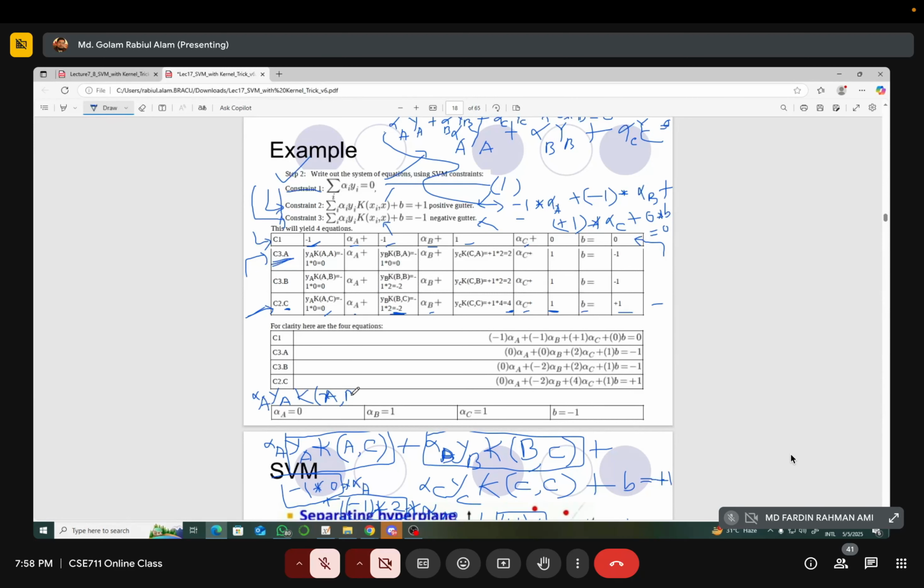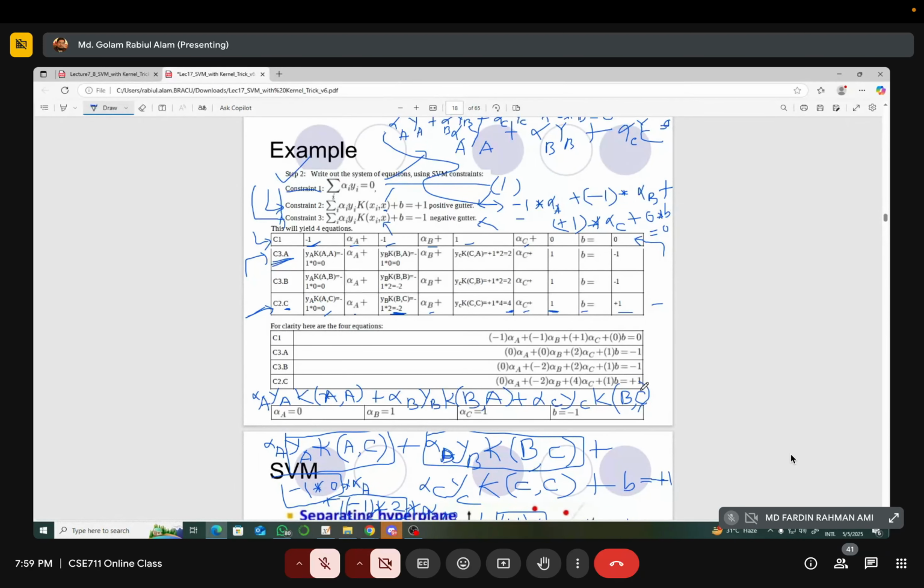Okay, so here is the A. That means in that case this x is A, but xi will vary like A, B, C. Plus alpha B, yb, then k(b, A), plus alpha c, yc, k(b, c).